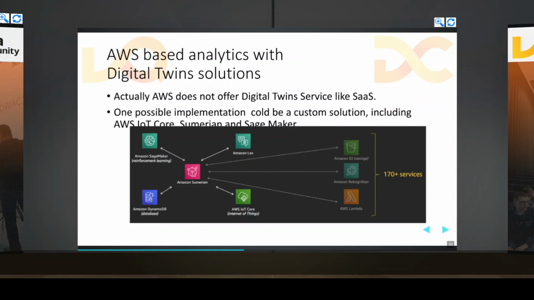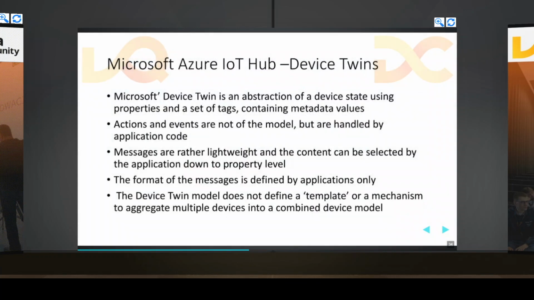For analysis they also have the option of different services, for example Amazon SageMaker. You need to integrate more services and do additional work, so you have not a complete, ready-to-use, out-of-the-box solution, but with additional development you can build something like a digital twin service also with AWS.